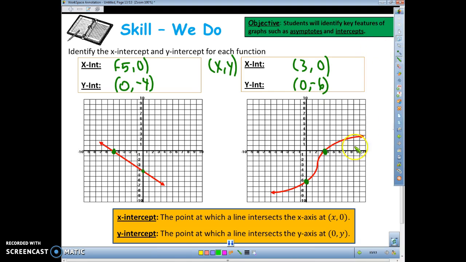Kind of what your notes are reminding you of here is, remember your x-intercepts always have a 0 value for y, and y-intercepts always have a 0 for the x value. That always holds true.